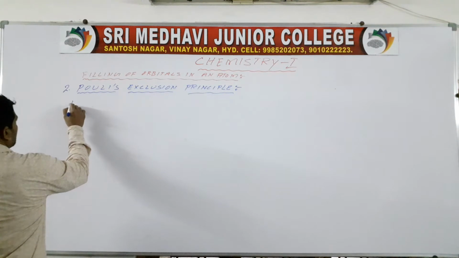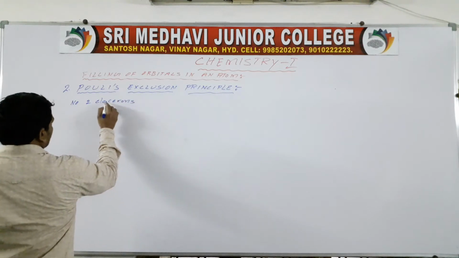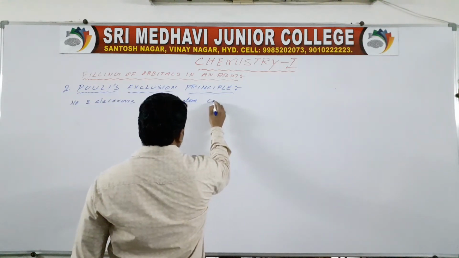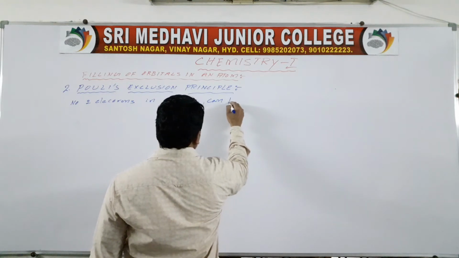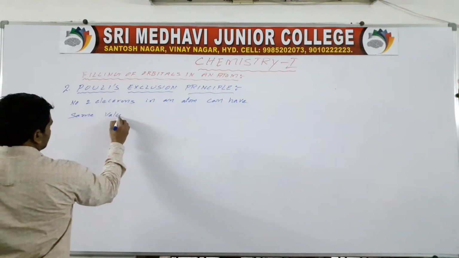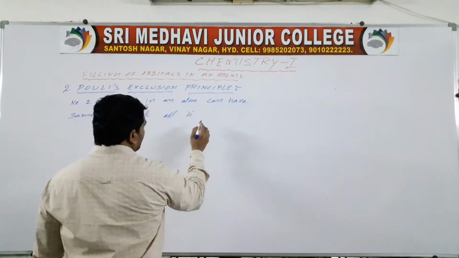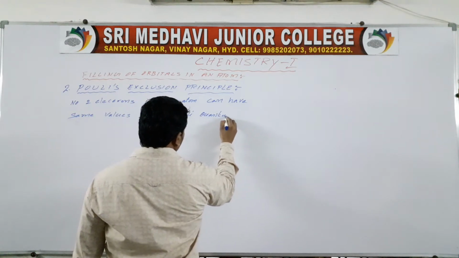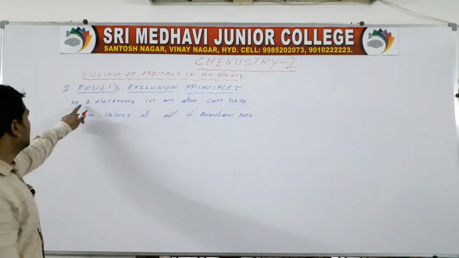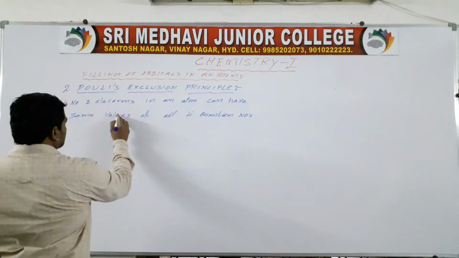See, no two electrons in an atom can have the same values of all four quantum numbers.